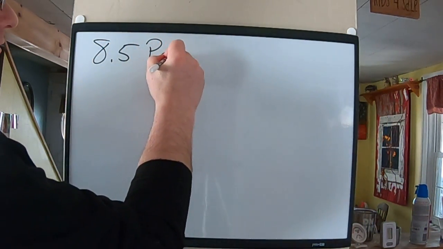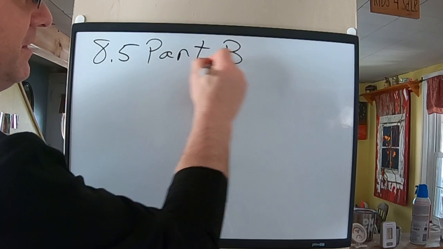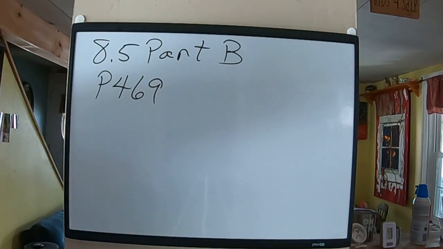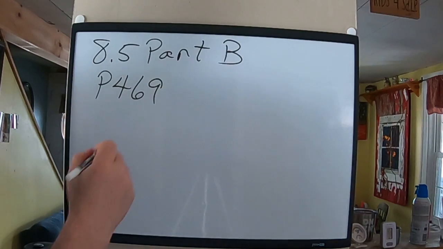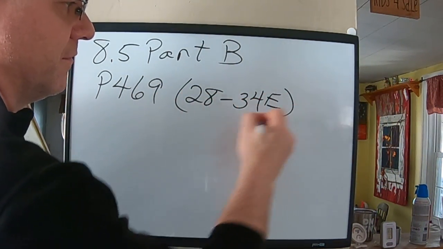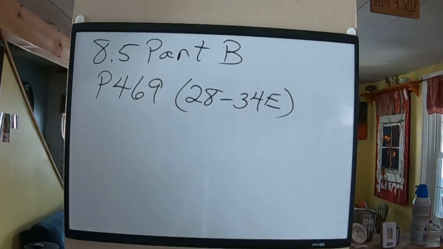Now I say nice and short in numbers, but it may take you a little bit longer than it takes me to do it. 8.5 Part B, page 469, and that is 28 to 34 evens. And that is it for today.